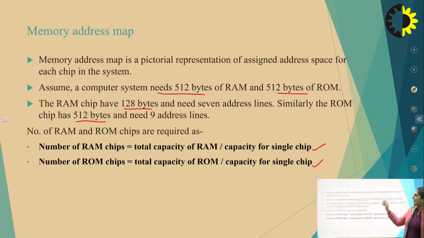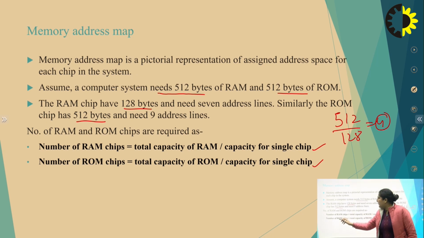As we defined in this example, the total capacity of RAM is 512, and the capacity of one single chip is 128 bytes. That is, we need 4 RAM chips in this example. Similarly, how many ROM chips do we require?